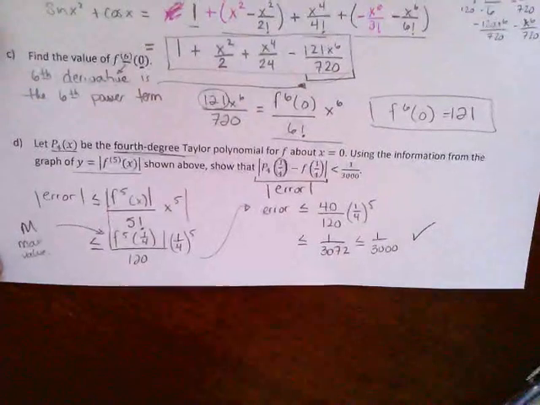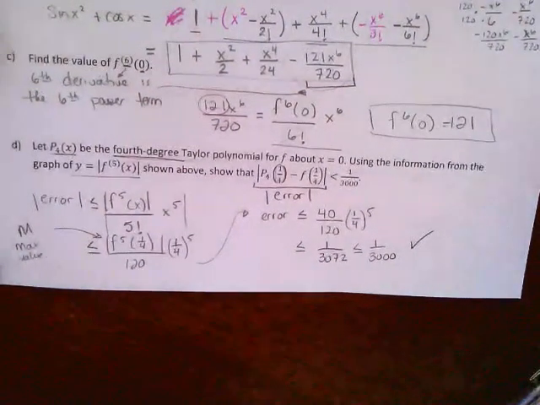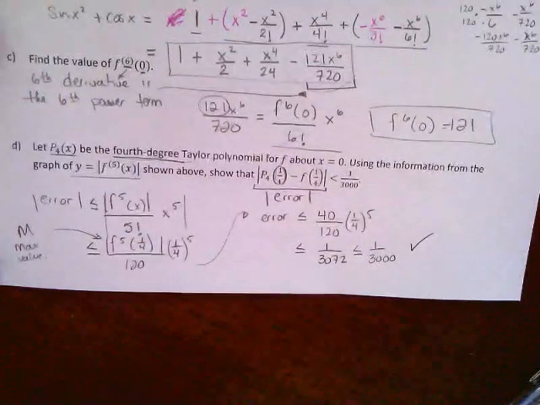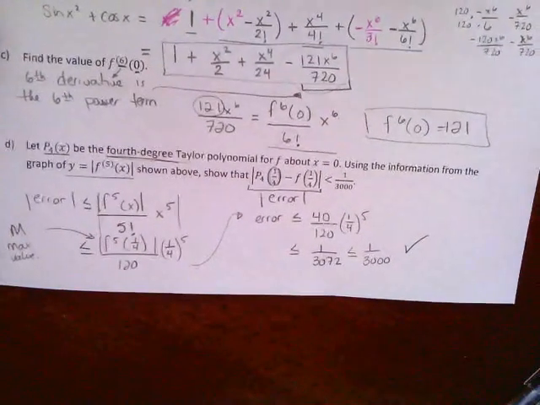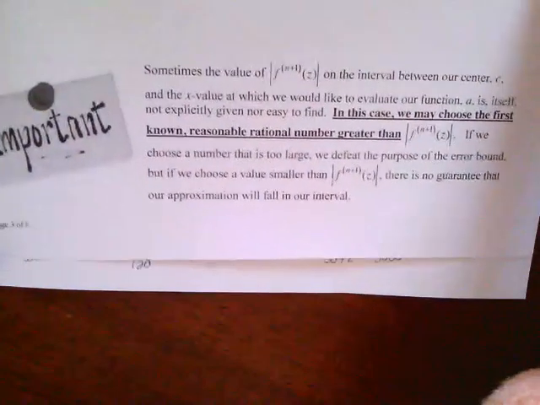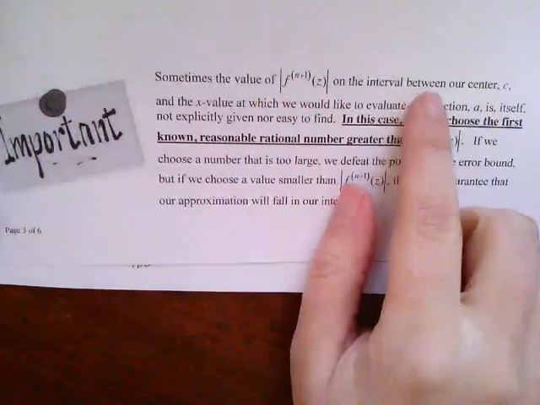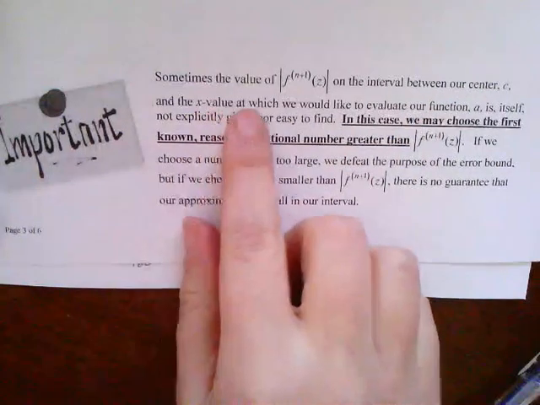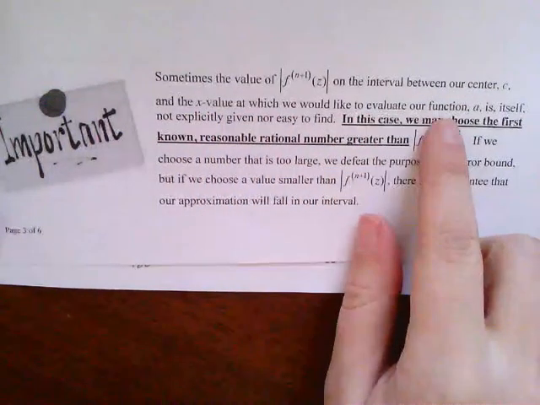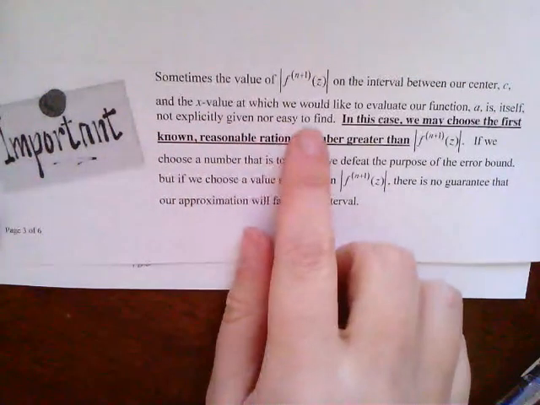So just an important note. Sometimes the value on the interval between our center c and our x value at which we would like to evaluate our function is itself not explicitly given, nor easy to find.